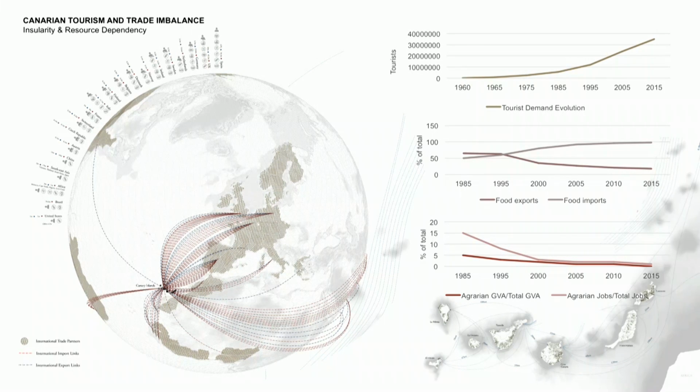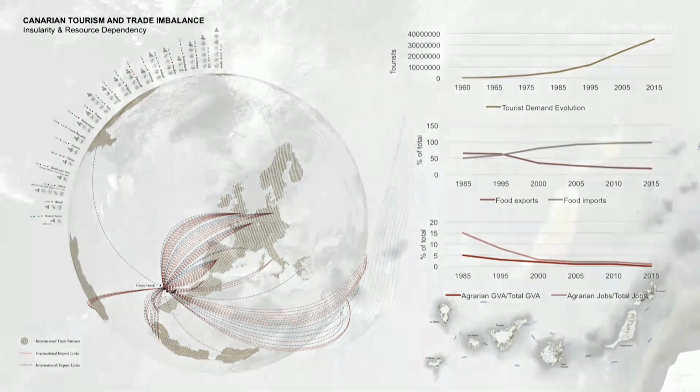In fact, back in the 60s, the islands had experienced a huge economic boost due to the infrastructural development of the islands for tourism. But it also led to better trade relations in all of the European Union, but it also led to more food imports, which meant that the local production suffered, and it led to abandonment all over the islands towards the primary sector.